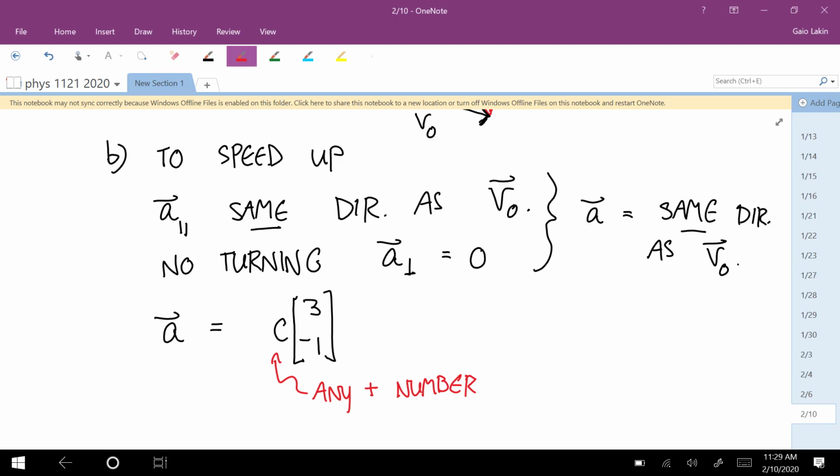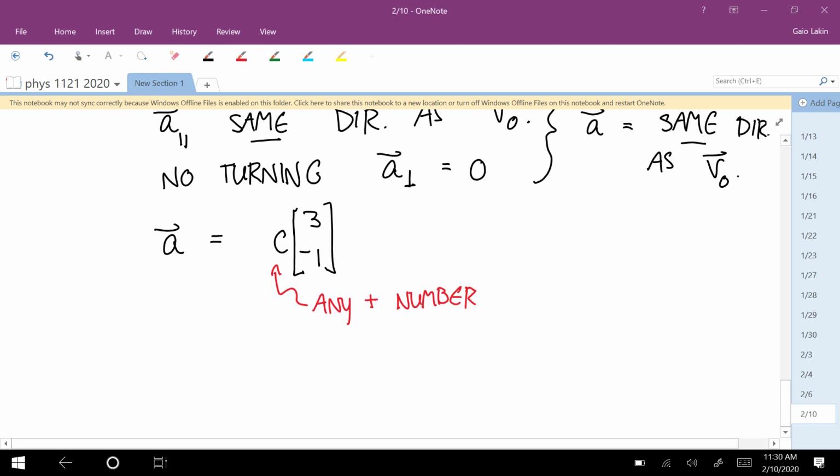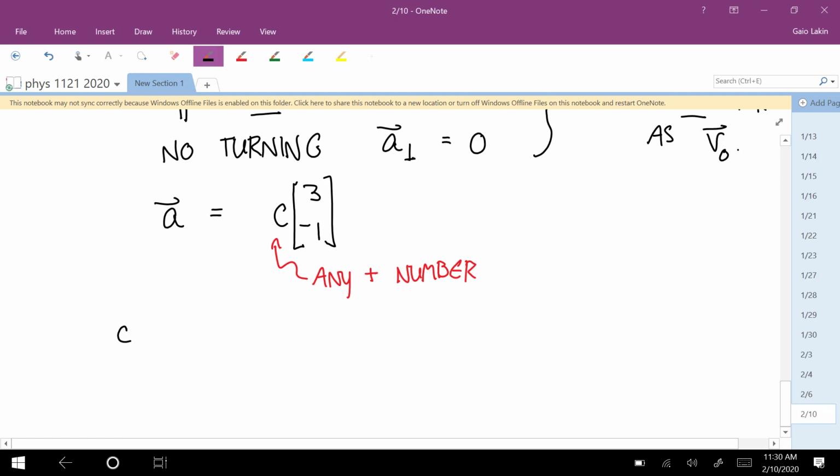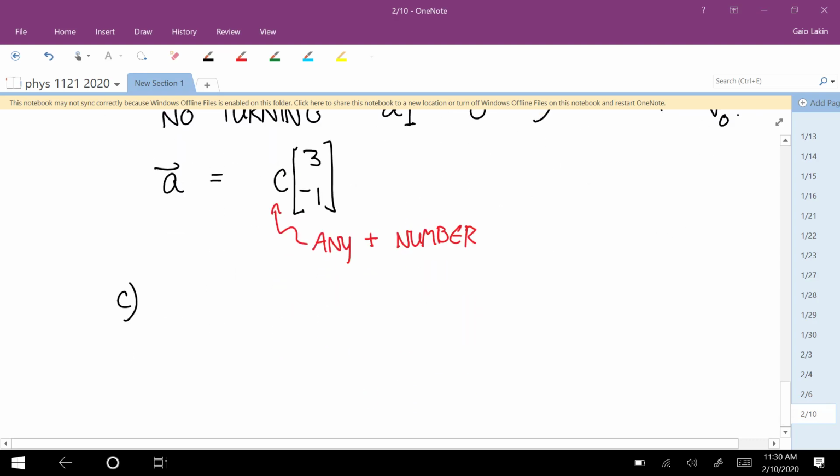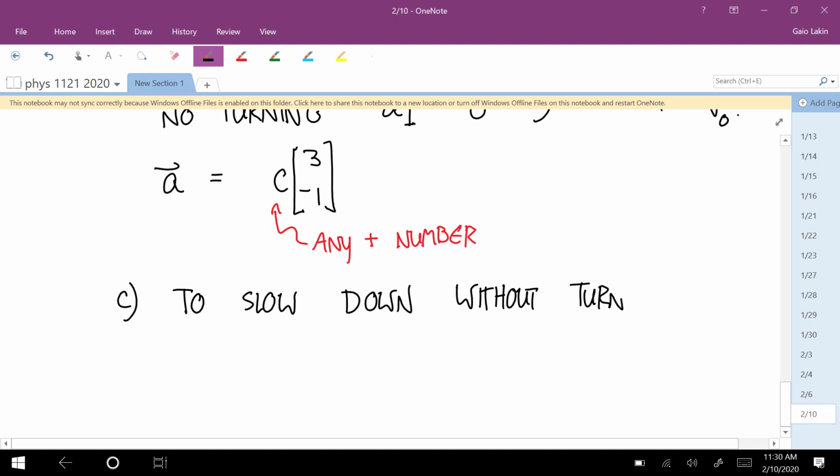And then for part C, it asks what is an acceleration that would make it slow down in the same direction. So to slow down without turning. Well, that's similar.